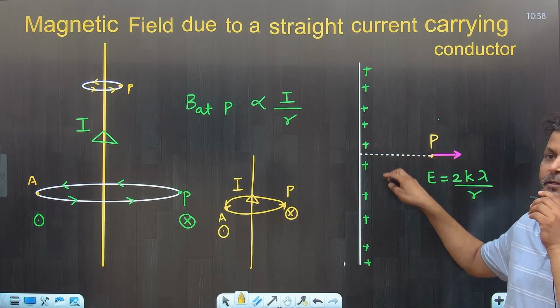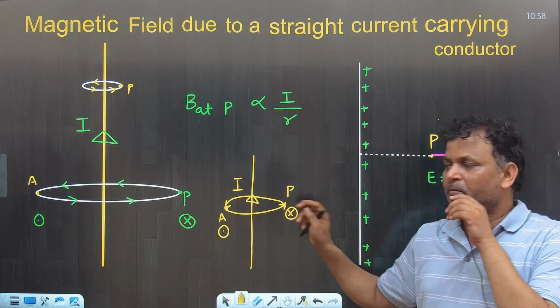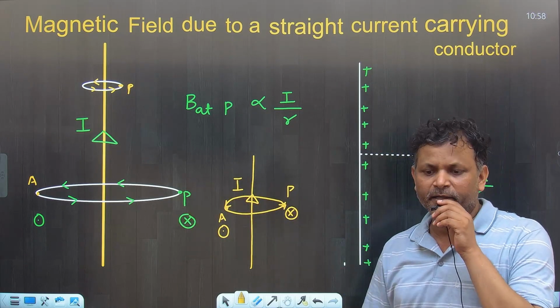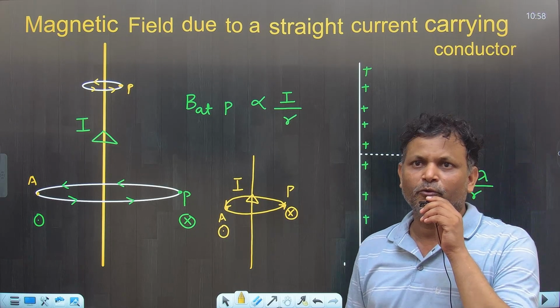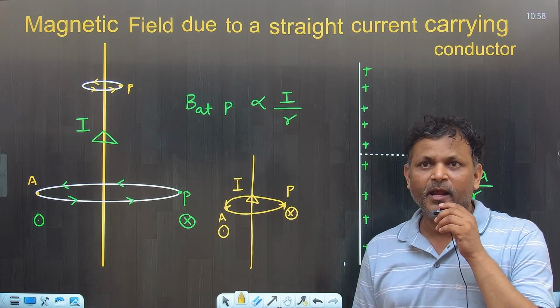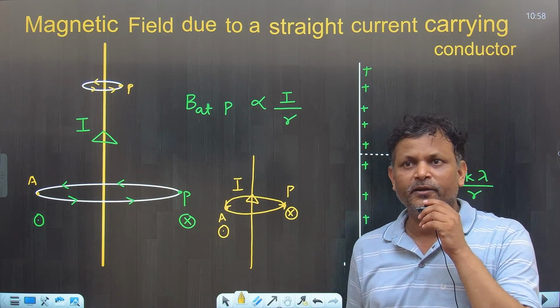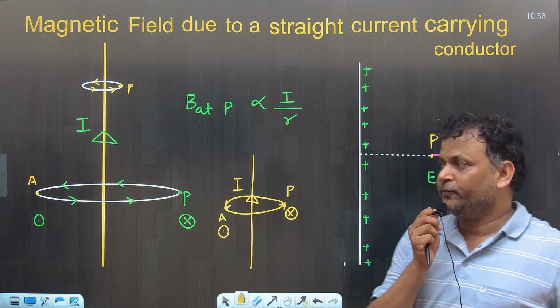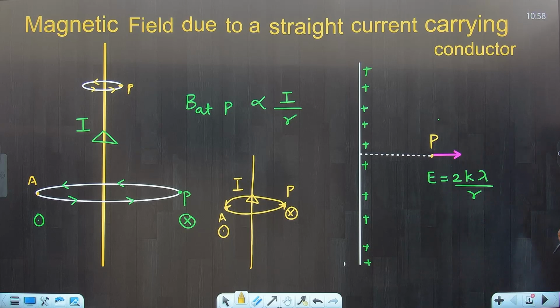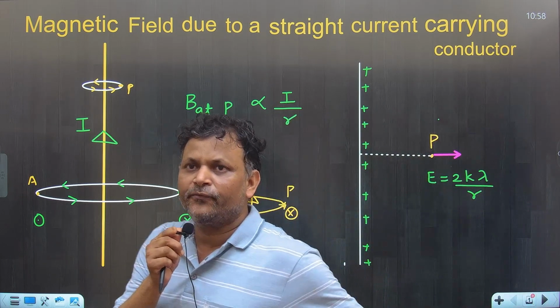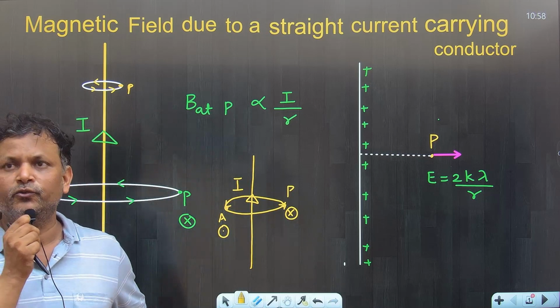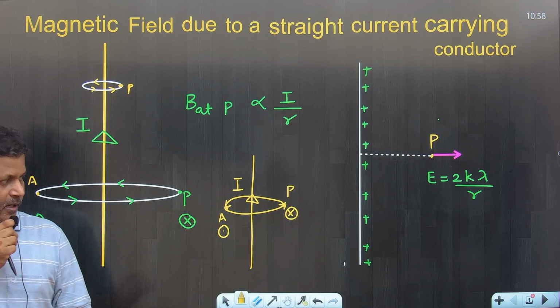Here you can get positive charge and negative charge, but in case of magnetic field you can't get monopoles. You can't get north pole and south pole separately, but you can have positive charge and negative charge separately. That is the reason behind it. The direction of electric field and magnetic field is a very interesting idea in this case. So it is very important to know the direction of the magnetic field due to a straight current carrying conductor.